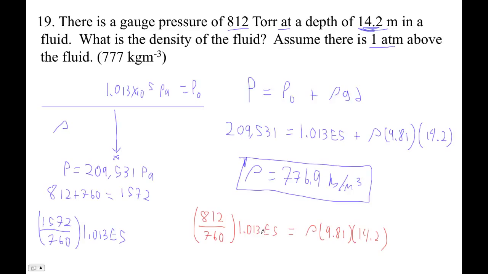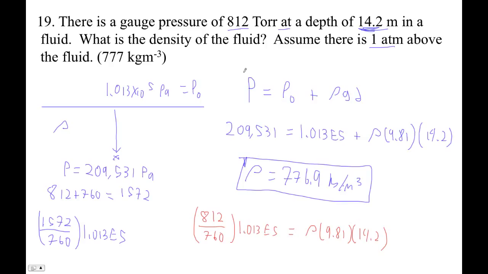This also works. So I'm going to go 812 divided by 760 times 1.013 times 10 to the fifth, divided by 9.81, divided by 14.2. And I get exactly the same answer, right?